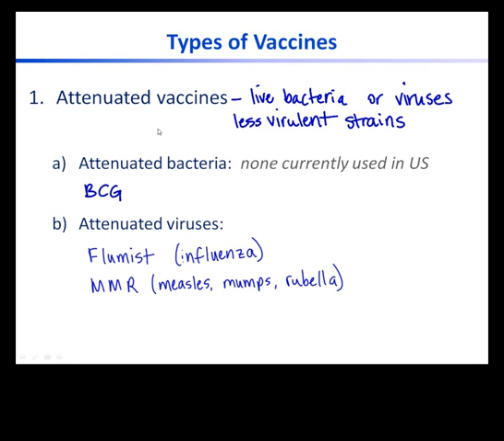Another example is the rotavirus vaccine. This one protects infants from severe rotavirus infection. It can cause deadly diarrhea.